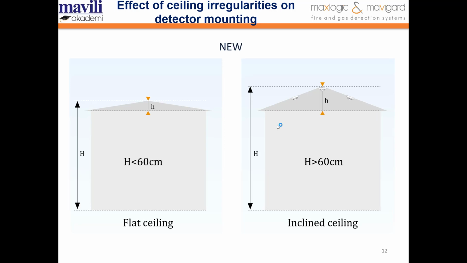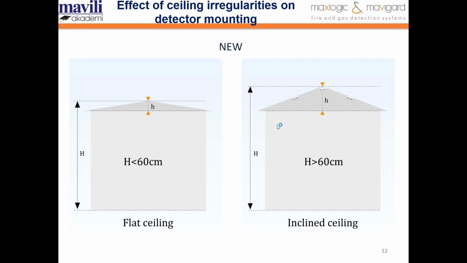But for the new standards, if the protected area has a pitched roof, detectors should be placed at each vertex. If the height difference between the bottom of the sloping ceiling and the top of the hill is less than 60 centimeters, the roof is treated as flat if smoke detectors are used.